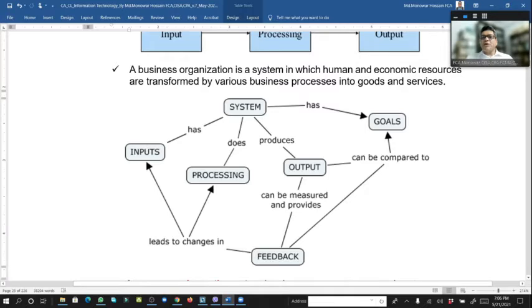Output can be compared to the goal, or the system has the goal, and feedback can also be compared to the goal, and this can run within a system.